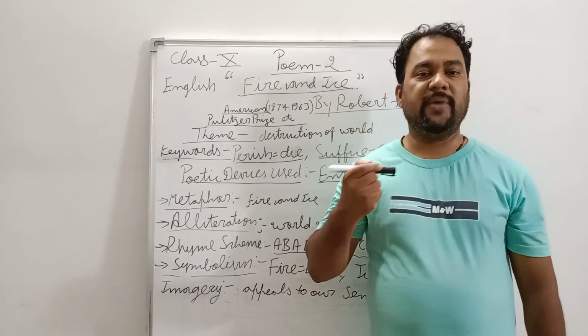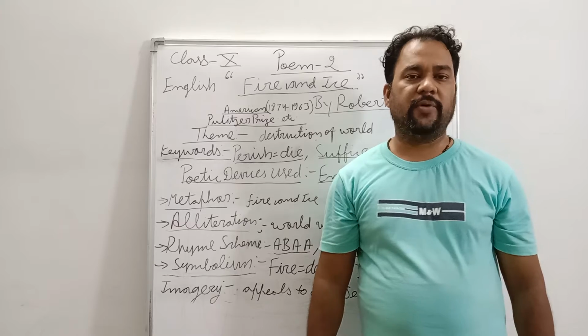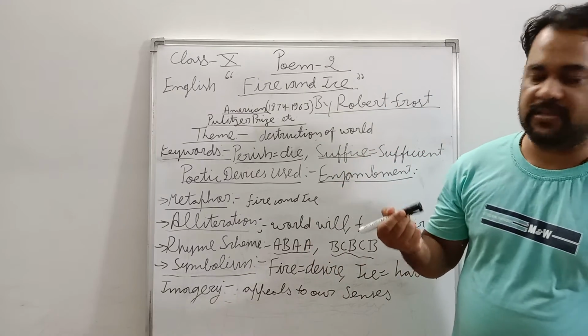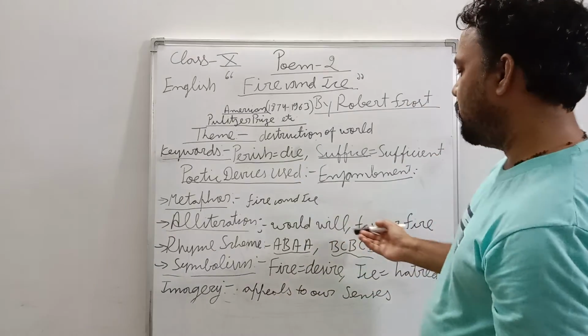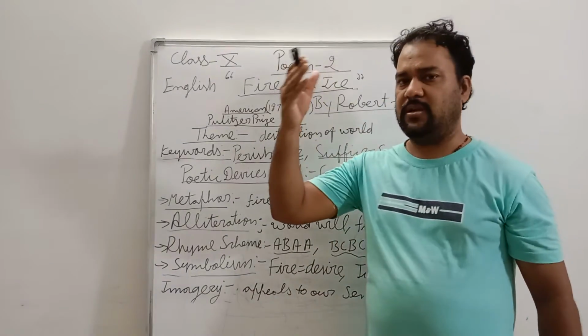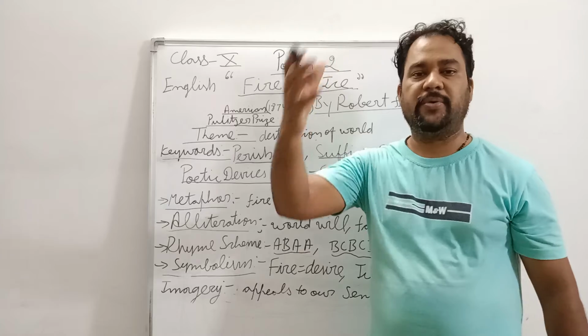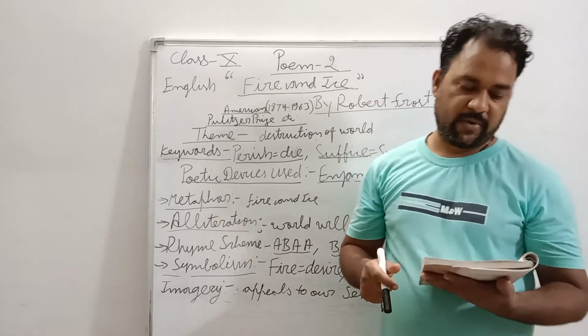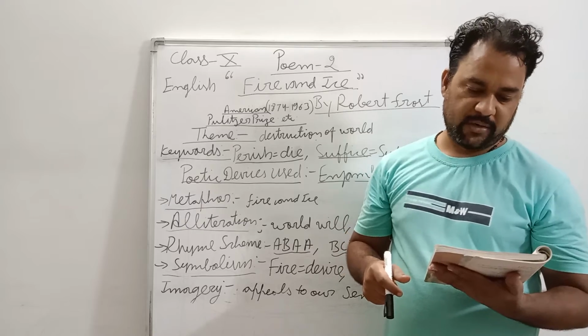And then imagery. Imagery is the poetic device that appeals to our five senses. When we hear the word fire, immediately a picture of fire comes to our mind. Ice, then the image of ice. So imagery has been used here too.